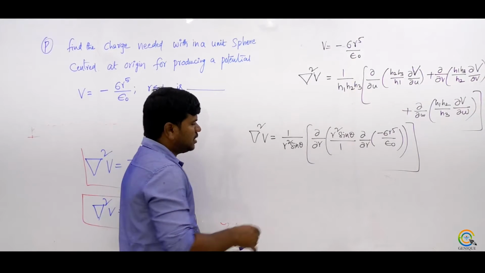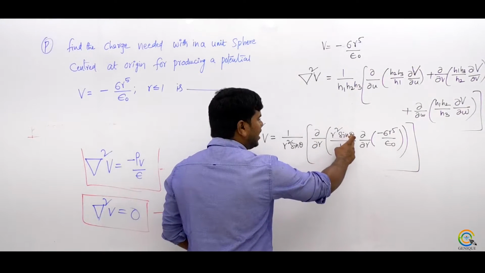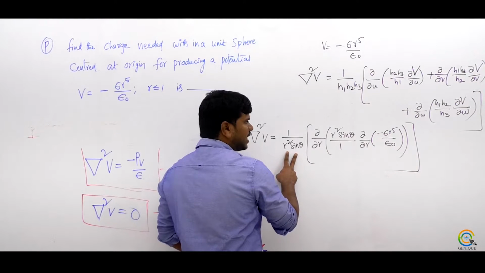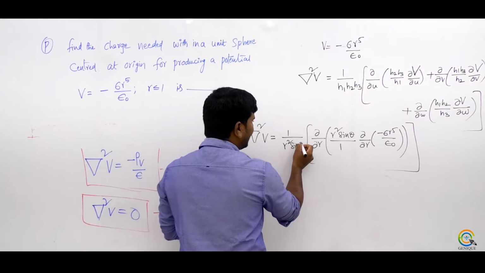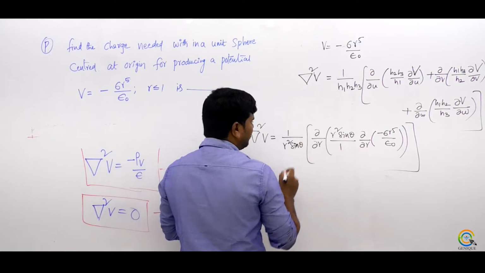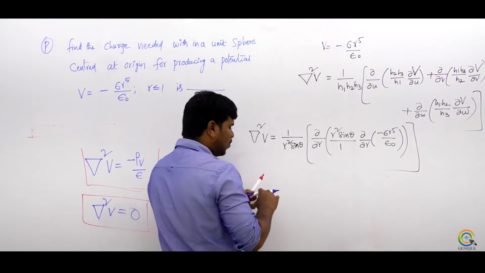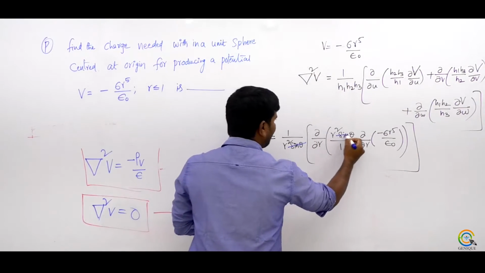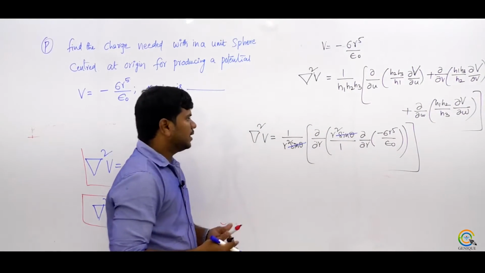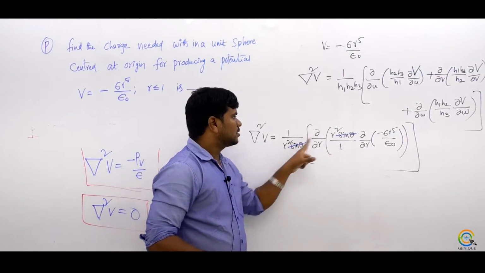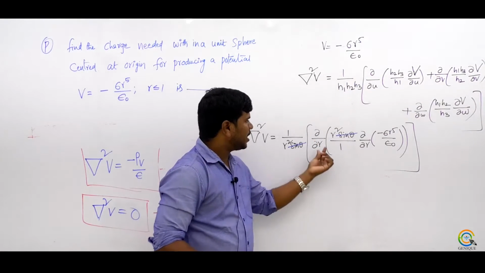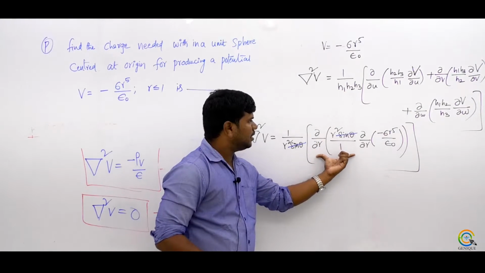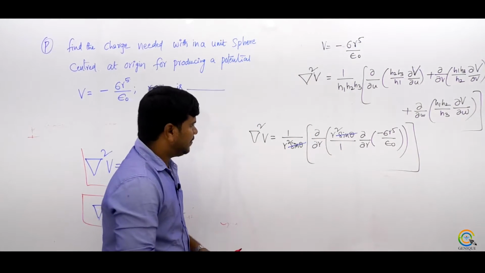If you observe, r square sin theta is here and here. You cannot cancel the entire r square sin theta, only the sin theta. The r square will be kept because this r square is in the derivative term.